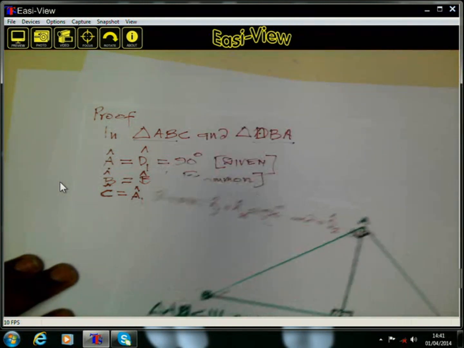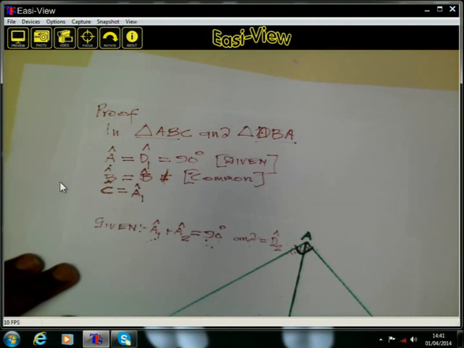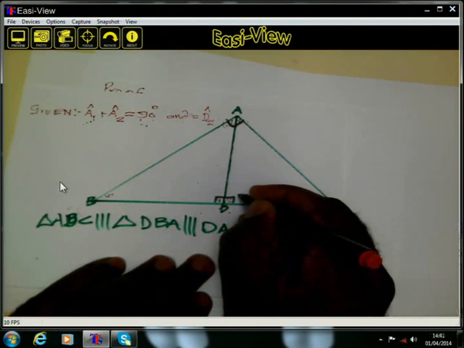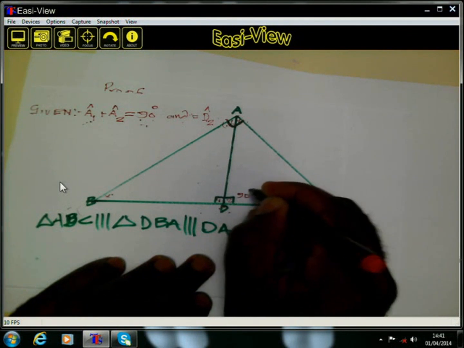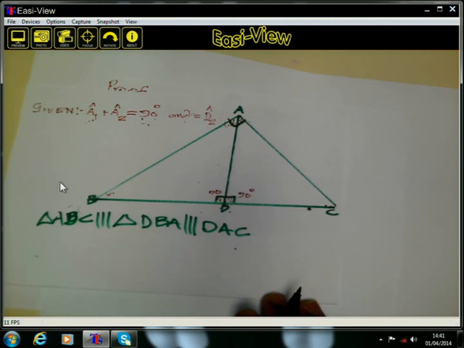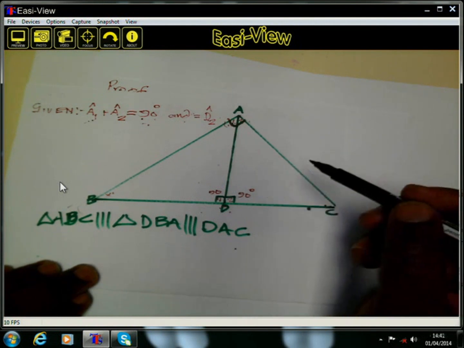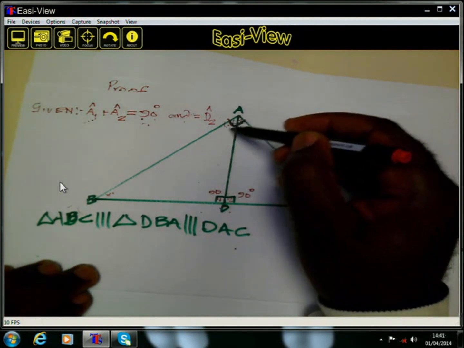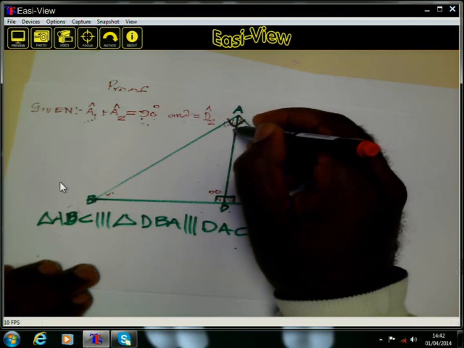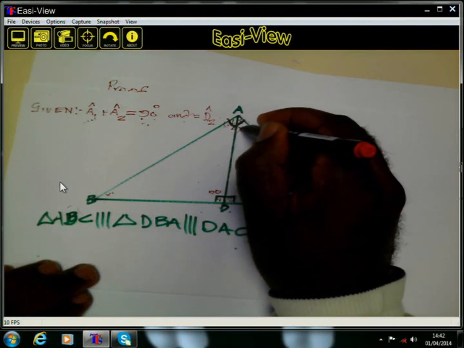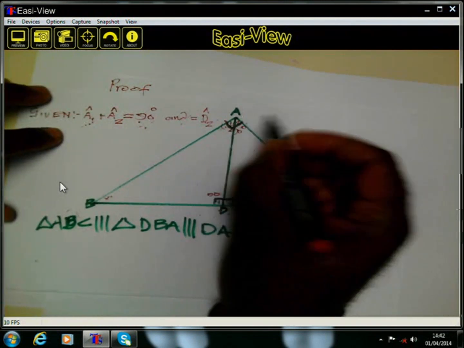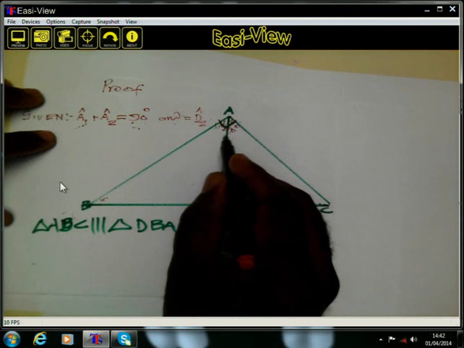Maybe people may not understand the reason behind this, so let's quickly do it. For triangle ABC, this angle is 90, and this angle is 90. But if we look at A1, it will not be 90.